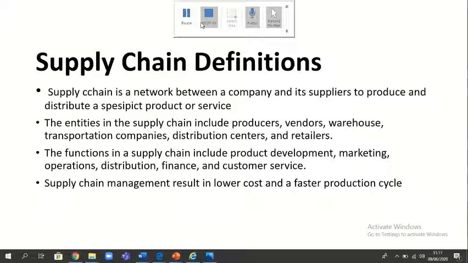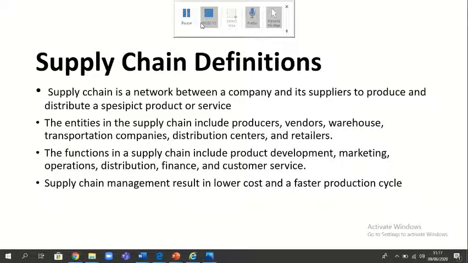The elements of a supply chain include all the functions that start with receiving an order to meeting the customer request. So we can conclude that a supply chain is a network between a company and its suppliers to produce and distribute a specific product or service.